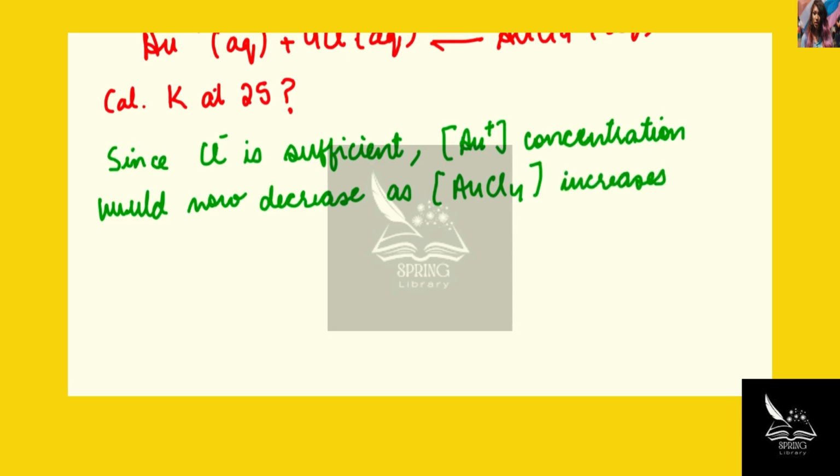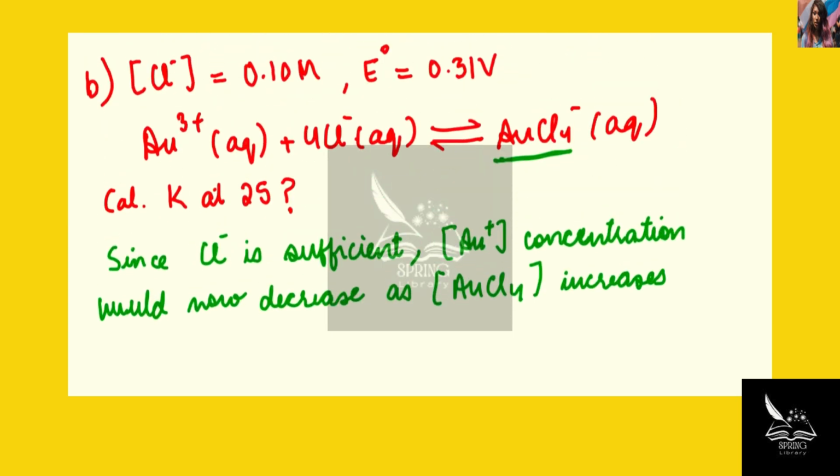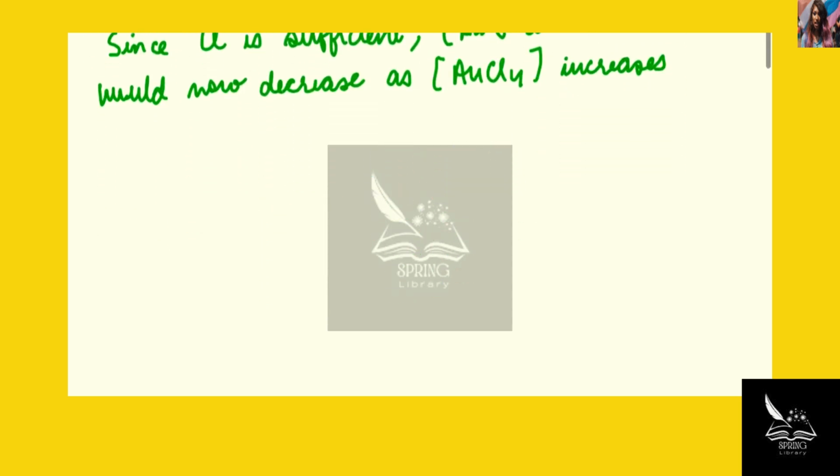So the concentration of Au3 positive is going to decrease because now we have AuCl4 present. And I'm sorry, this is actually E cell. If you look at the question again, this is E cell.